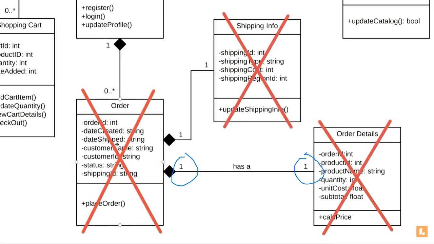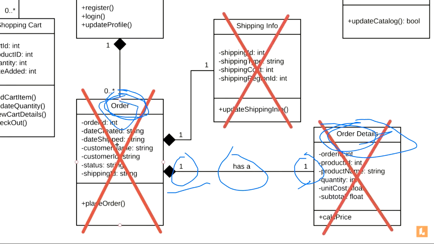Yeah, one you have here. This means every order has only one order detail, and order detail is for only one order. You have to read it like this: one-to-one relationship. Clear, everyone? Any doubts?